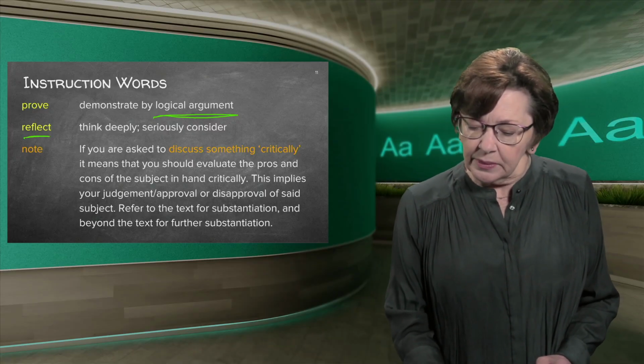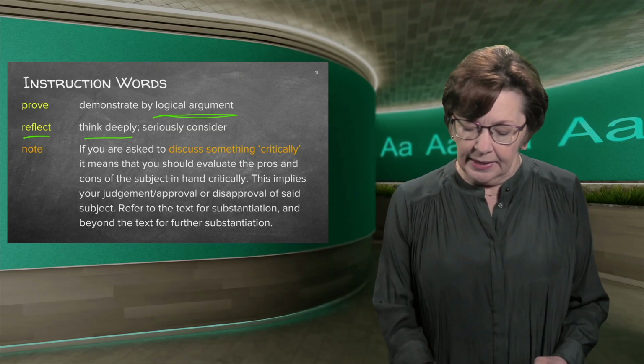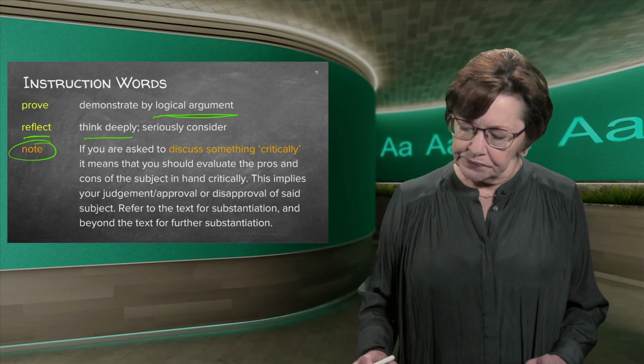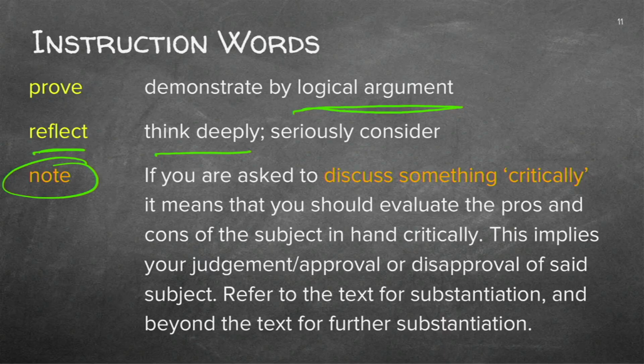To reflect on something, of course, means to think deeply about something. And I'm giving you a note, and this is not an instruction word. It's just something to take note of. And that's the word critically. If you are asked to discuss something, like I've said before, you are just going to unpack it for me, discuss it nicely.